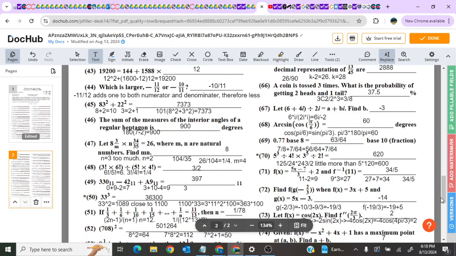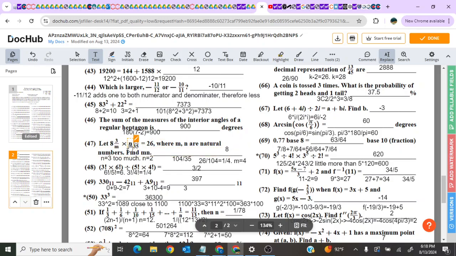Okay, 47. Let 8 and 3 over m times n and 34 over 35 is equal to 26. Find m times n. Well, okay, if you plug in a value for 3, this is basically going to be 8 and something times 4, which is way too big. So a value of n equal to 2 will make things much more reasonable.